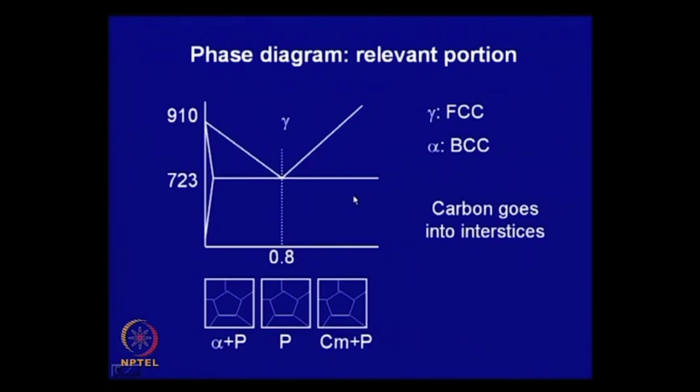Because most of the time, suppose you have a 0.8% carbon steel. Let us first consider the process of heat treatment with reference to this particular steel, which is called eutectoid steel. When you heat it to the austenitic region, what happens?